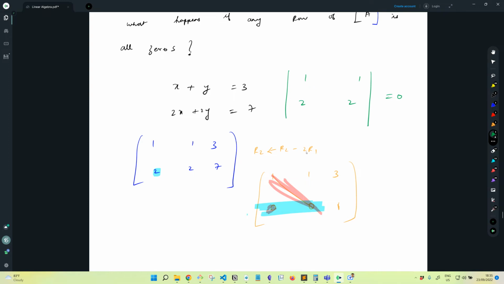When you are given a matrix and you apply the procedure to obtain RREF, at the final step, when you have an upper triangular matrix, if it so happens that all entries in any row of A are zeros, then that matrix is not invertible.